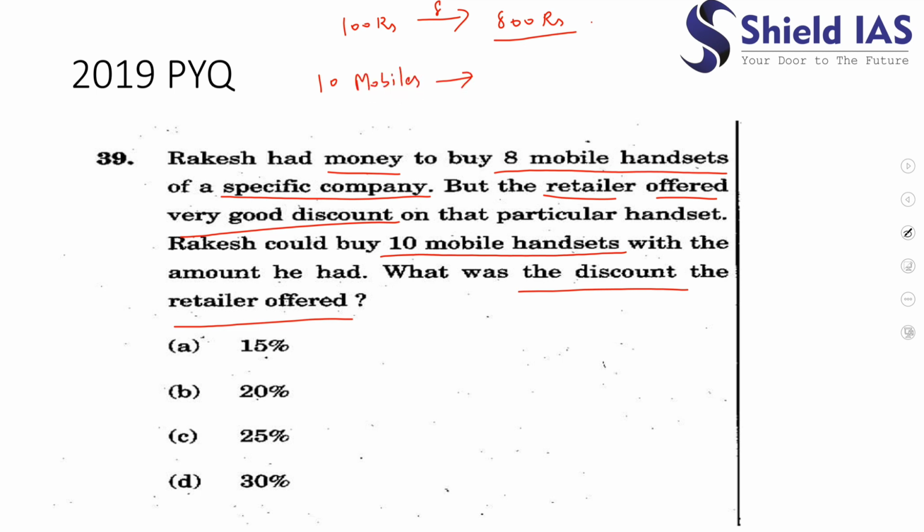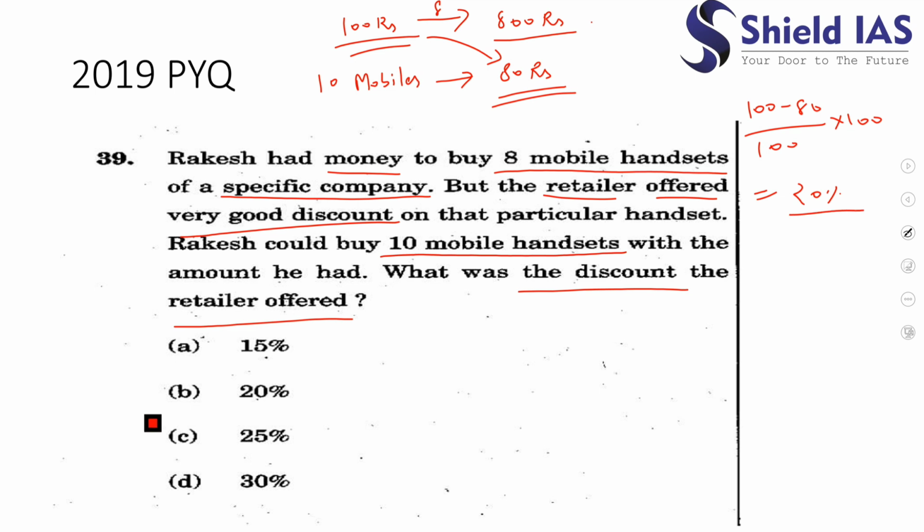This means that 800 divided by 10, each mobile costs him 80 rupees. So what is the discount that he has got? 100 minus 80 upon 100 into 100, so it comes out to be 20%. So he has got 20% discount. So the correct answer should be B.